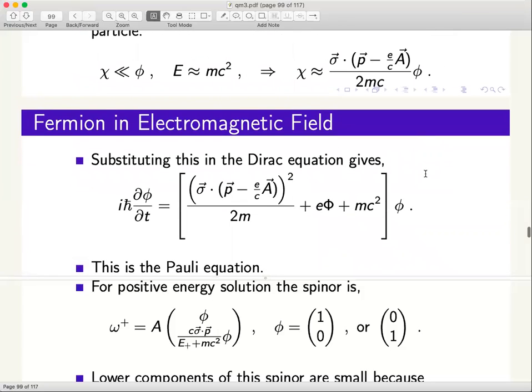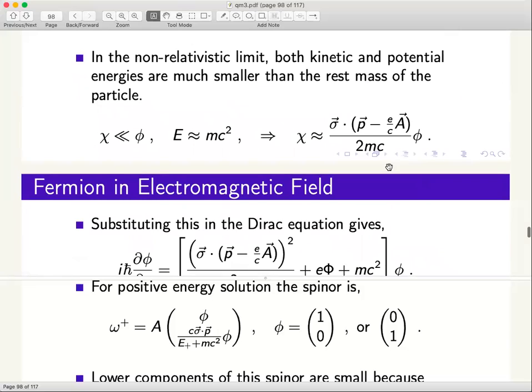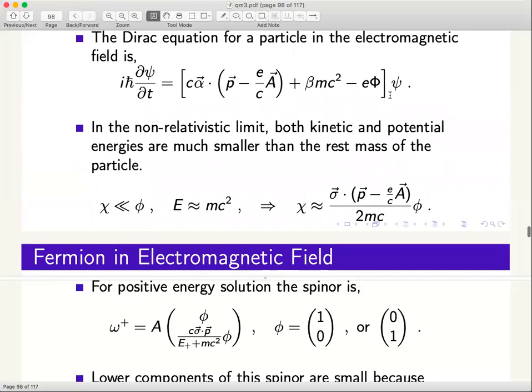So what we'll do is use this, plug it into this equation, and split this equation into two pieces: upper component, lower component. Now the lower component equation is not an equation of chi, but an equation of phi itself. So use that and put it back into this, writing everything in terms of phi.